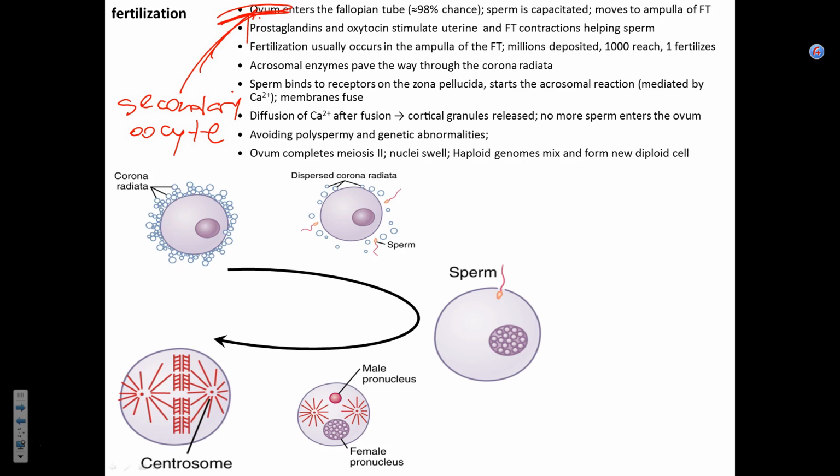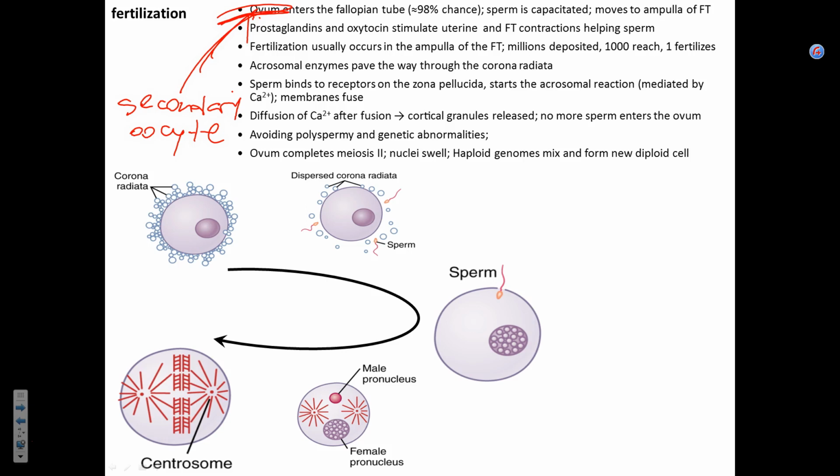In the meantime, as sperm is moving through the vagina and uterus and comes closer to the fallopian tubes, it gets capacitated. It's basically a fancy term for it completing its maturation.